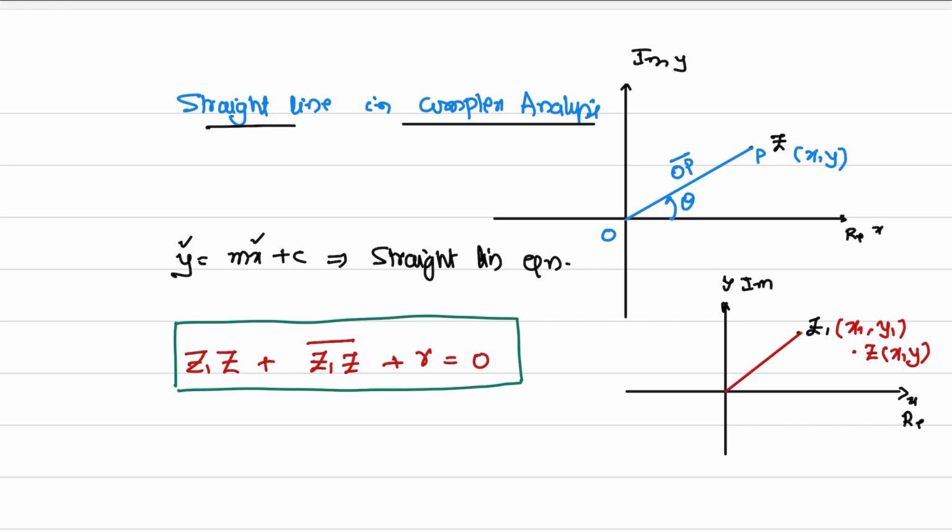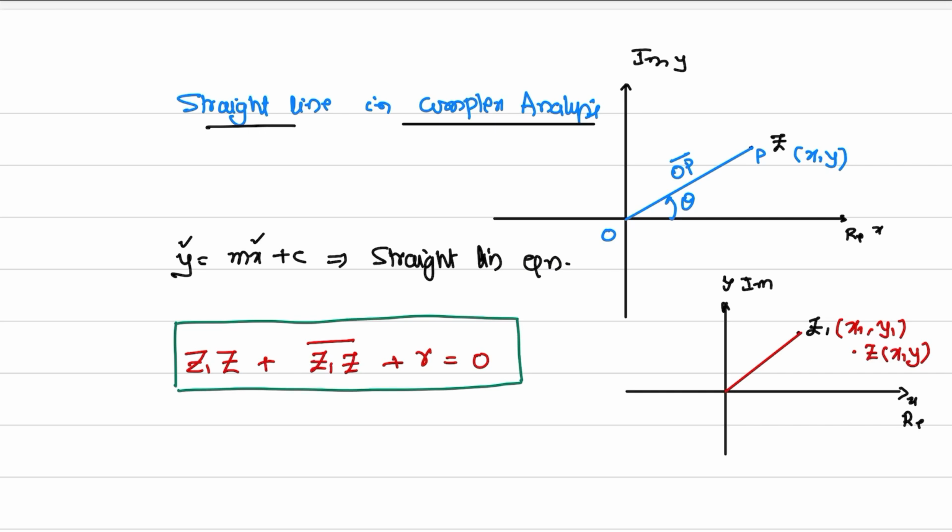In Cartesian coordinates, in the real number system, the equation is simple, y is equal to mx plus c. But in both Cartesian or polar systems, when it comes to the complex plane or z plane, the equation of a straight line is the locus of this equation, z1 z plus conjugate of z1 z plus r is equal to 0.